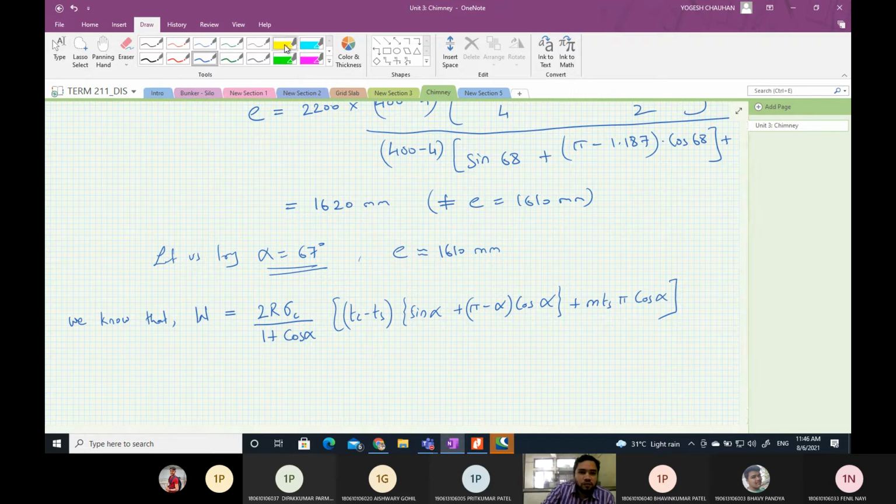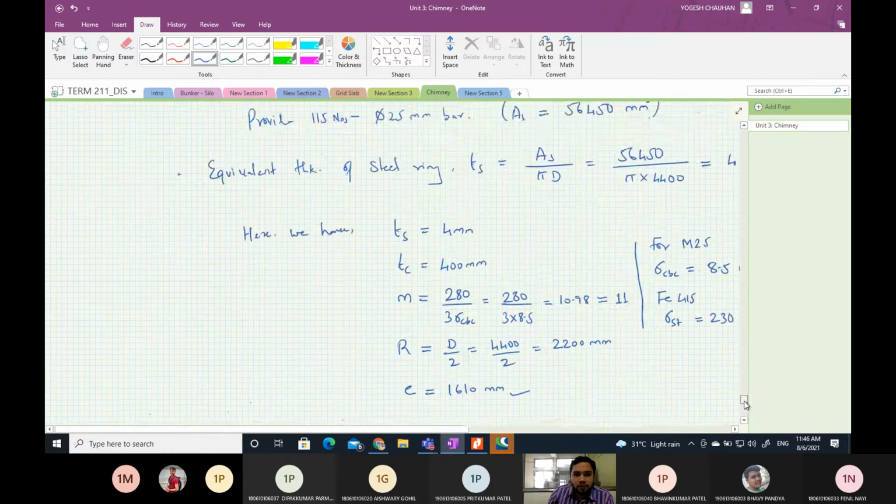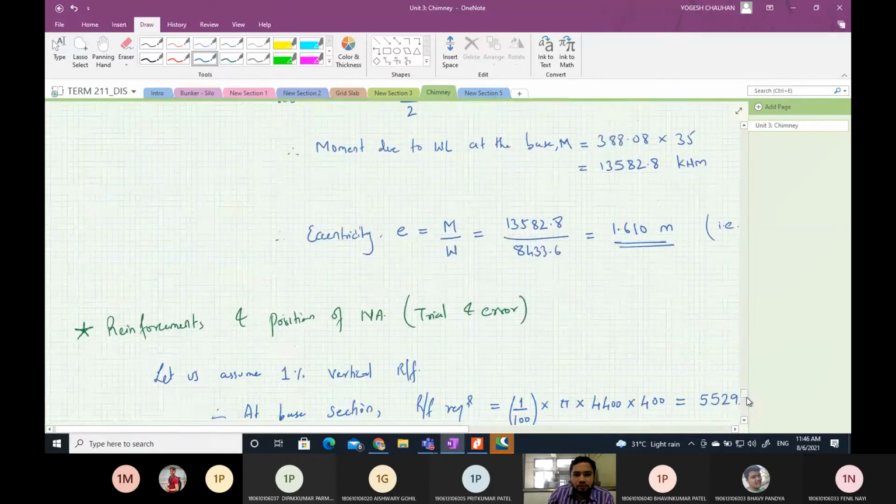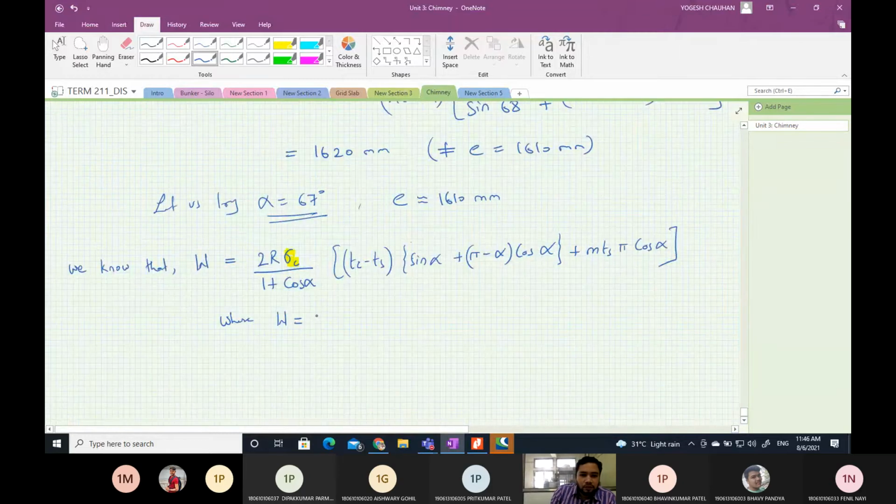So now here we will find this sigma C, because we know the value of W. W we have already calculated, the total dead weight is 8433.6 kilonewton.